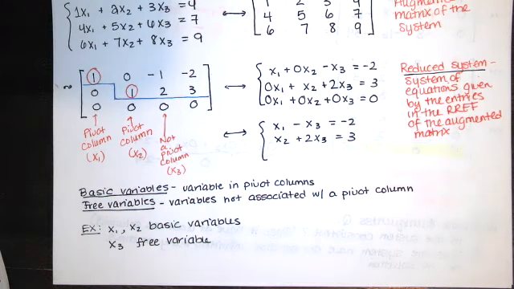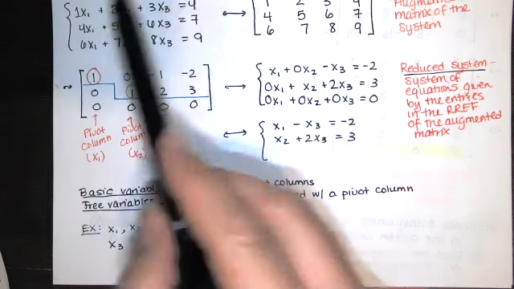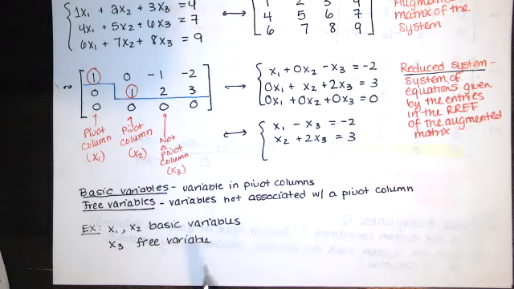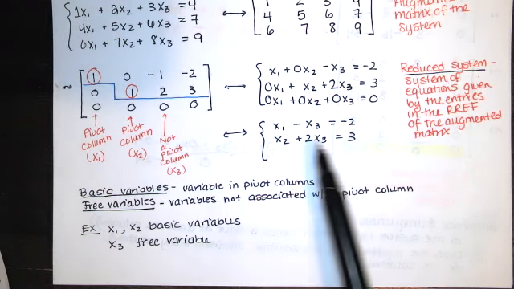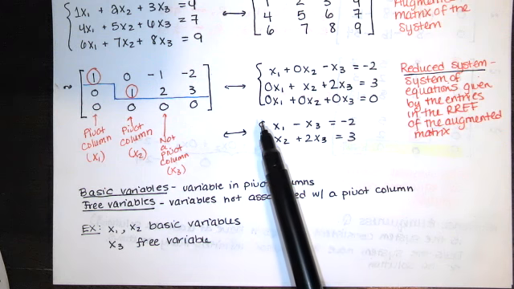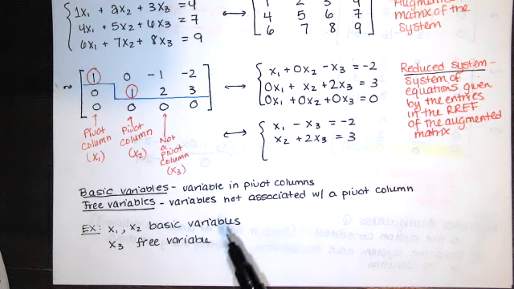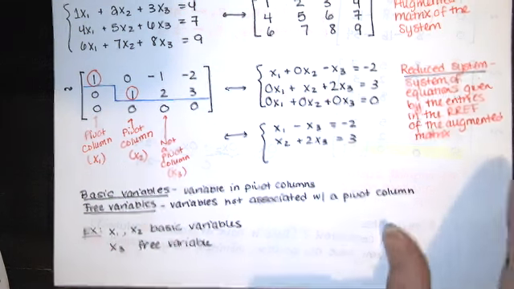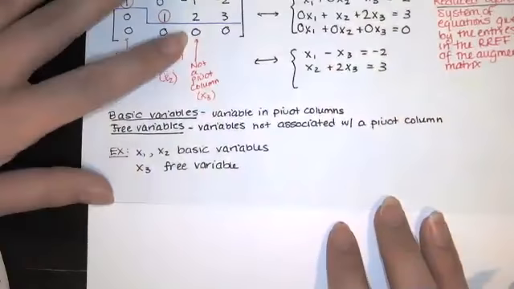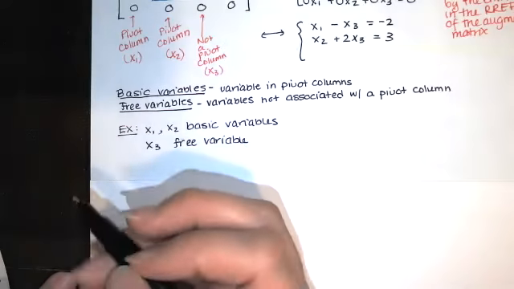Now, if we want to write the solution set of this system of equations explicitly, we can take this reduced system and solve it for the basic variables x sub 1 and x sub 2 in terms of any free variables. So let's write that down.